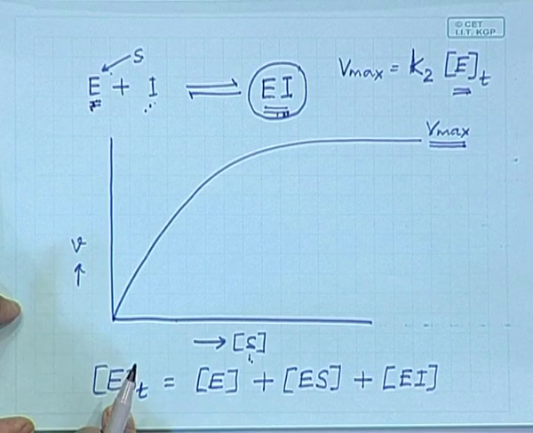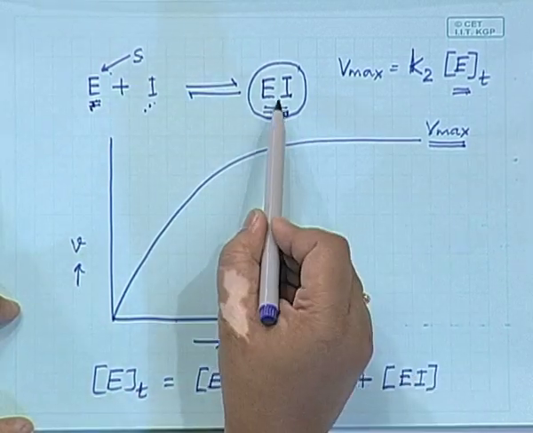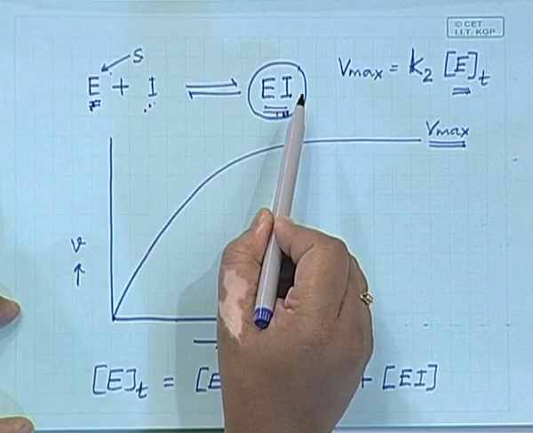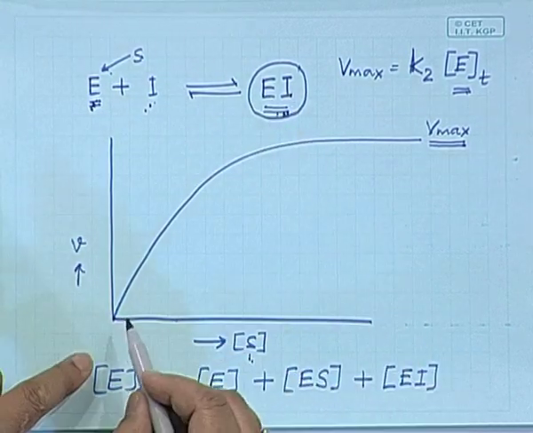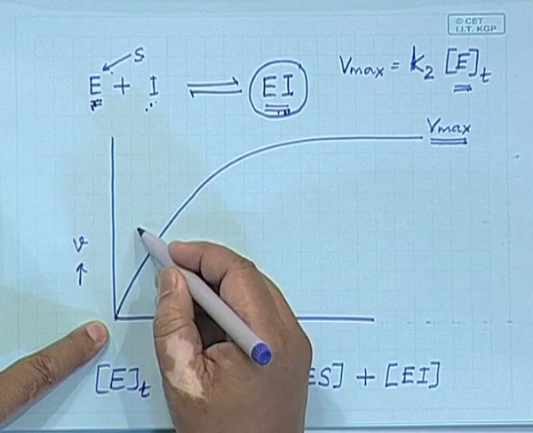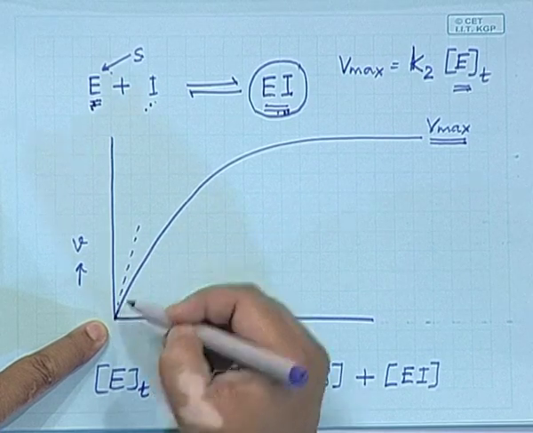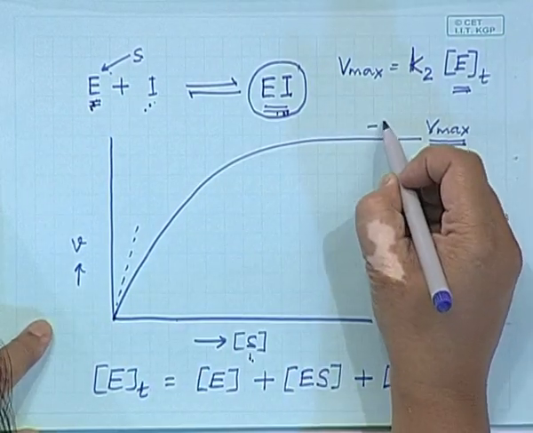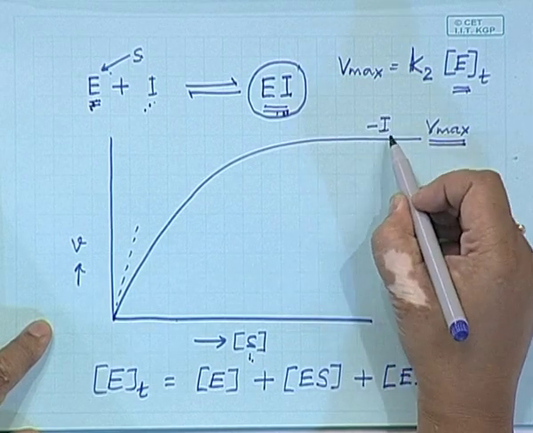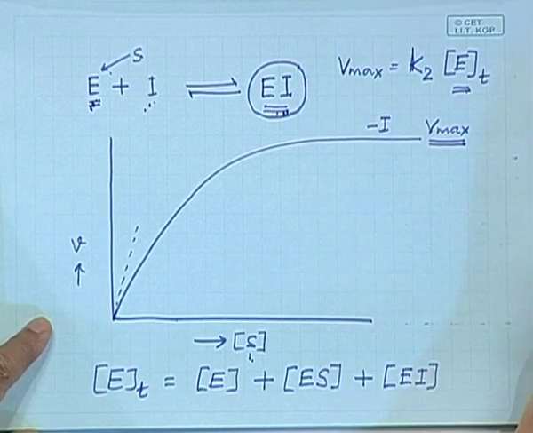So, that is my total enzyme, but since we have an equilibrium here, I will not start off with the same velocity as I had when I had no inhibitor. So, this is minus inhibitor. If I had inhibitor, what is going to happen to the velocity of the reaction?